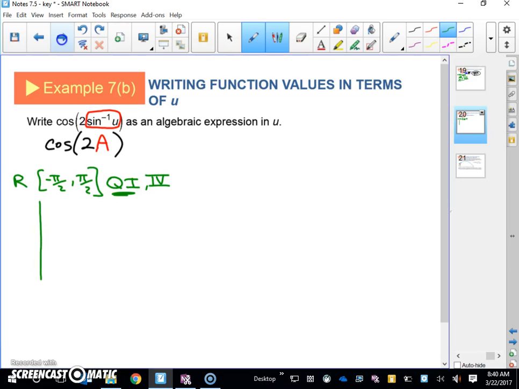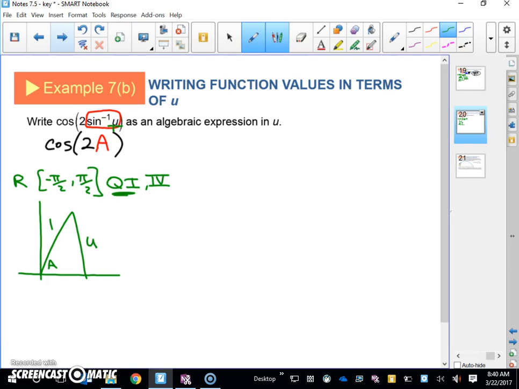And so we're drawing a picture of our angle A, label it, in quadrant 1. Now notice what we have. We have the sine ratio. Inverse sine is u, so we'll call that u over 1. My sine ratio is u over 1. So that's the y side over the r side, right? Y over r is u over 1.